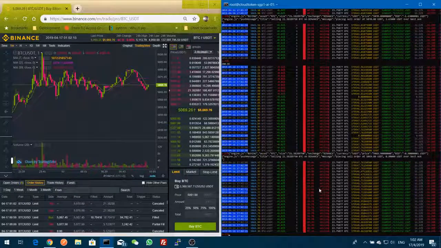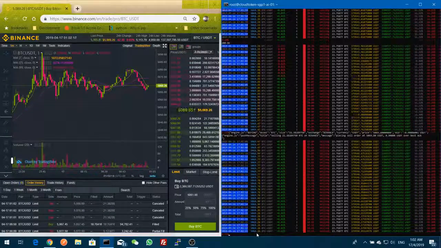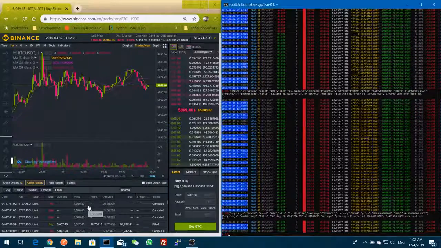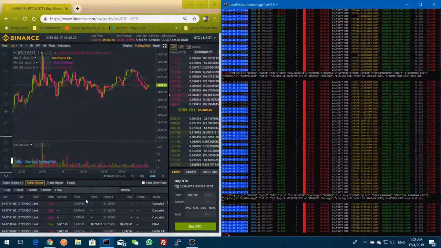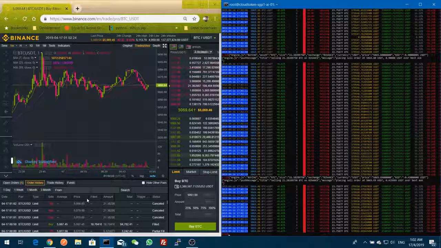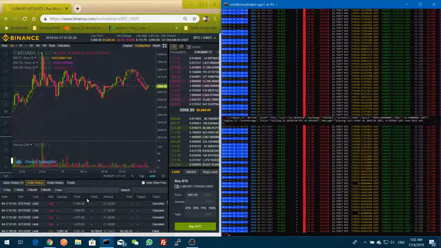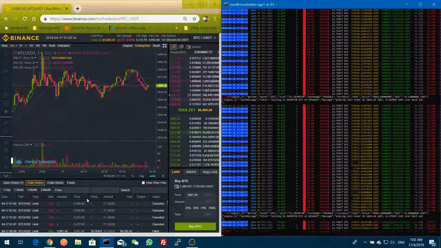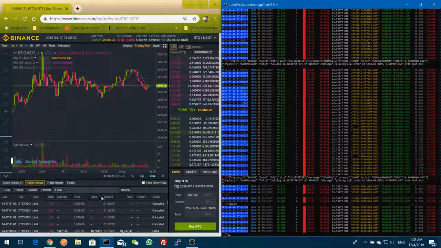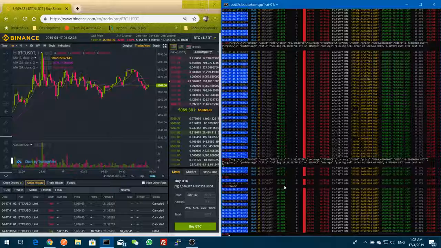Of course, now it's dropping down again. The bot is actively trying for us to see whether it can do the sale. So let's wait for it. It's trying harder, but no one's biting.